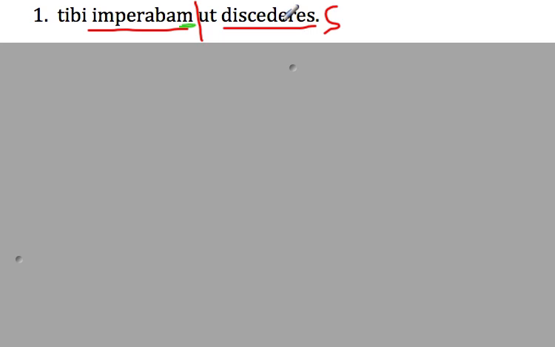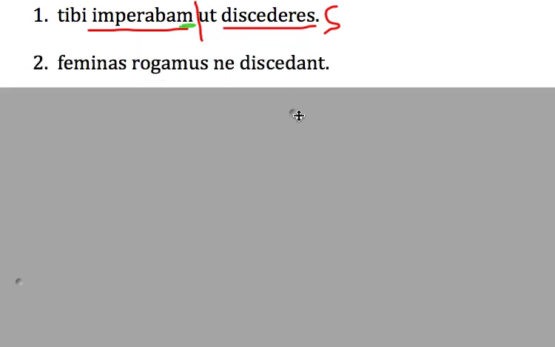Discato means to leave. So I was ordering to you that you leave. Well, can you simplify that? What does that basically mean? How about I was ordering you to leave? That makes sense.